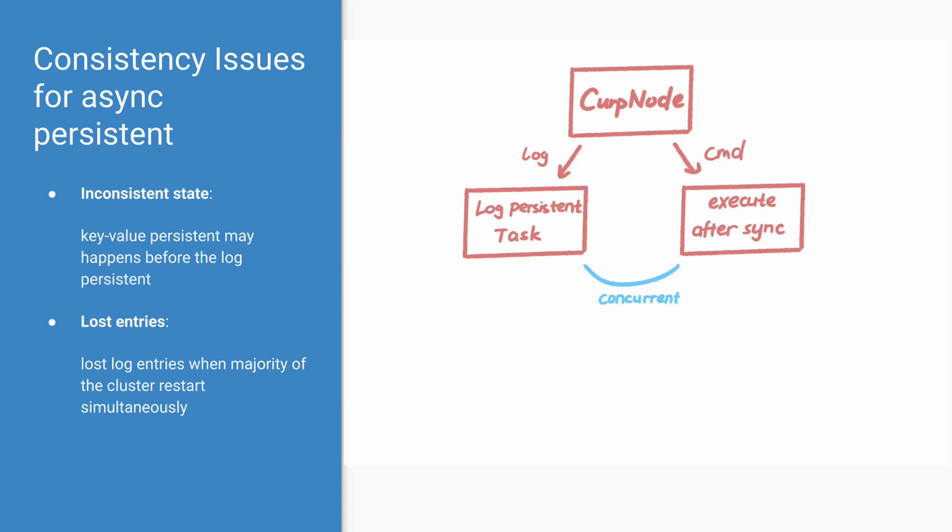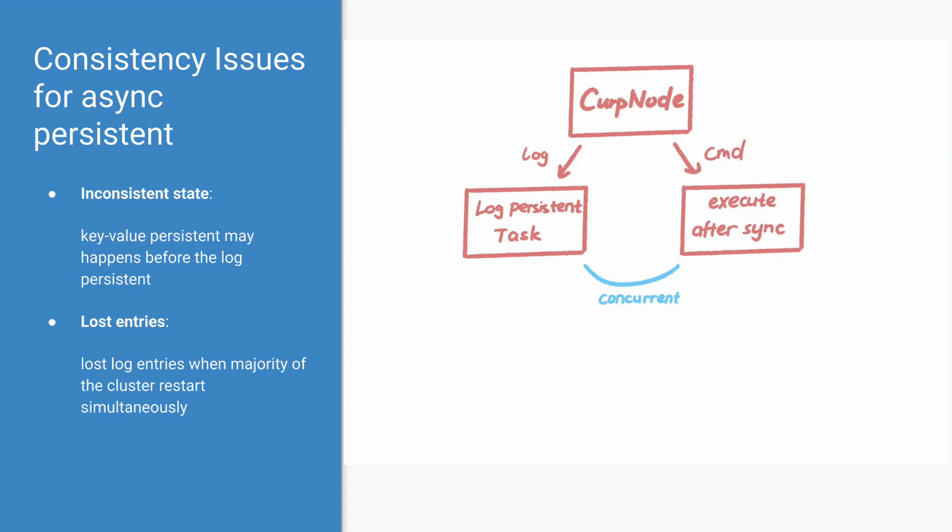The first issue is that the key-value persistence can happen before the log is actually persisted. If a node crashes, the state of the key-value storage could be newer than the log storage. Then during recovery, it may cause inconsistency between the log storage and the KV state machine.